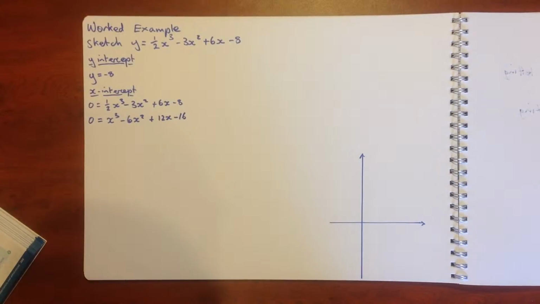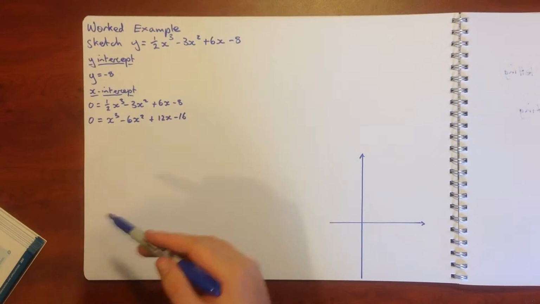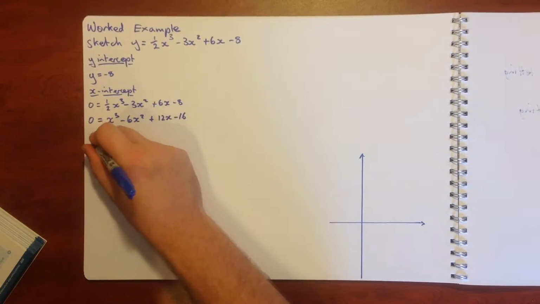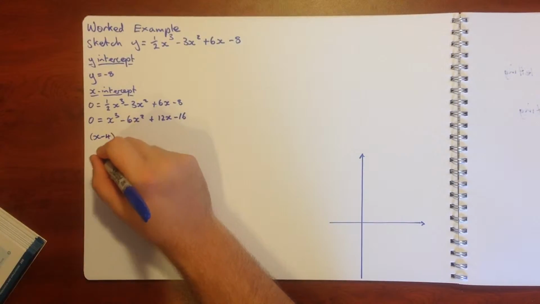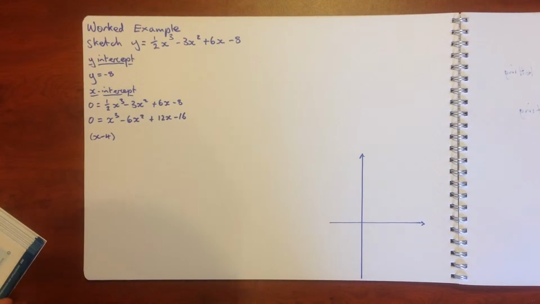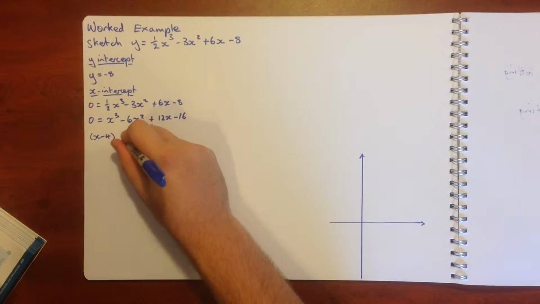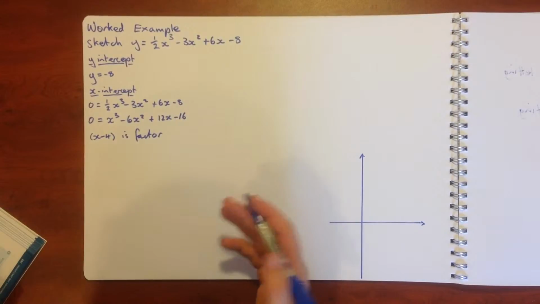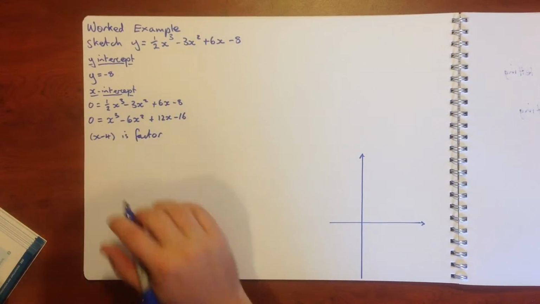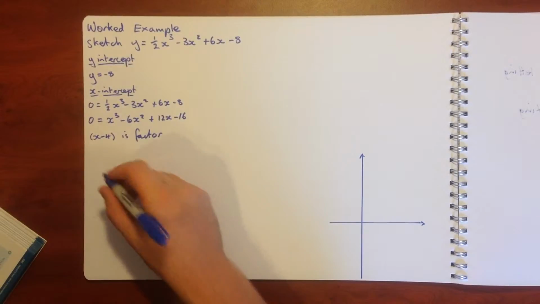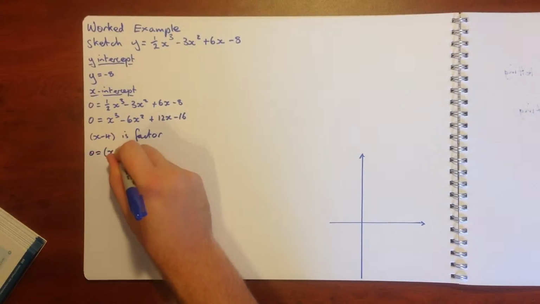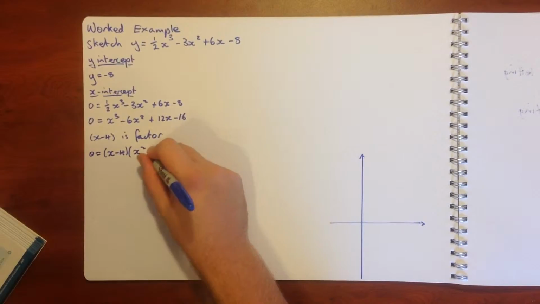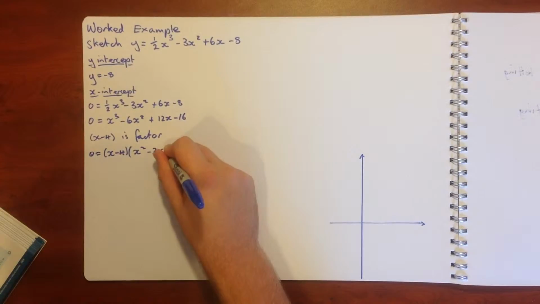So what we need to do is find a factor. Because it's a cubic, we'll do a bit of work here. But we find that 4 is a factor, so that means that x take 4 is a factor. What we would need to do from here is do the division of polynomials, which we should be familiar with, just to save a bit of time and a bit of space. When we do our division of polynomials, we get 0 equals x take 4 times our x squared take 2x plus 4.